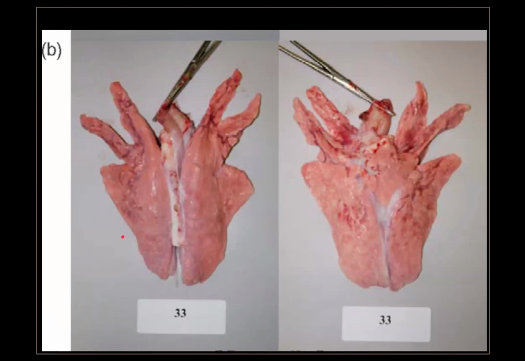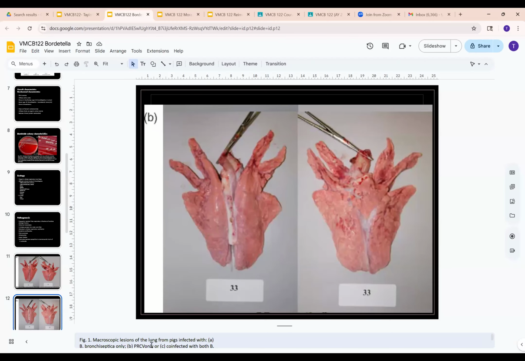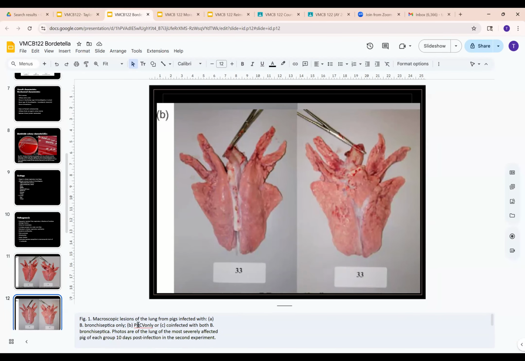However, if we infect this animal with other bacteria or viruses, I think in this experiment it was PCV2 if I'm not mistaken, or PRCV, or co-infected.